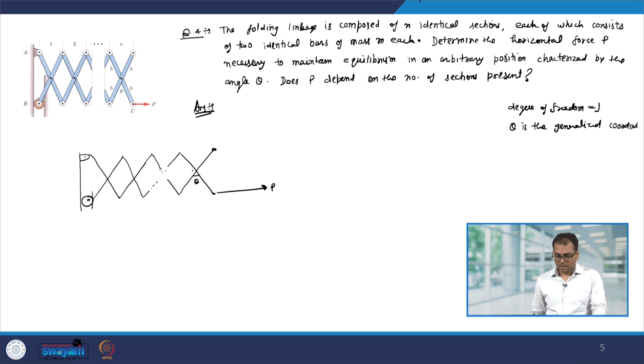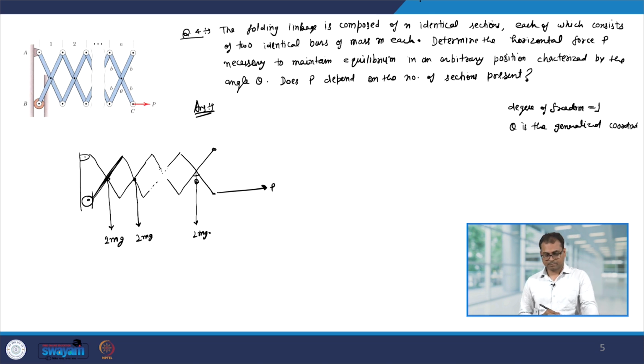Okay. Now, since these links have a mass m, therefore, the mass of this part will be 2m and the weight will be 2mg. Similarly, this will also be 2mg and that will also be 2mg. Now, because the force P is acting in this direction, let me take this as positive x, and the force mg is acting in that direction. So, therefore, let me take positive y in this direction.